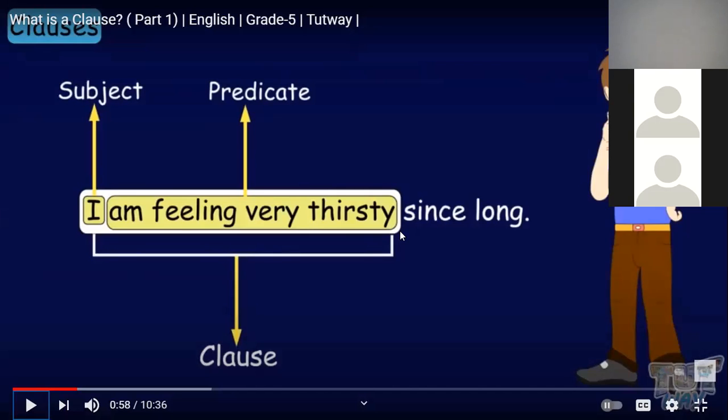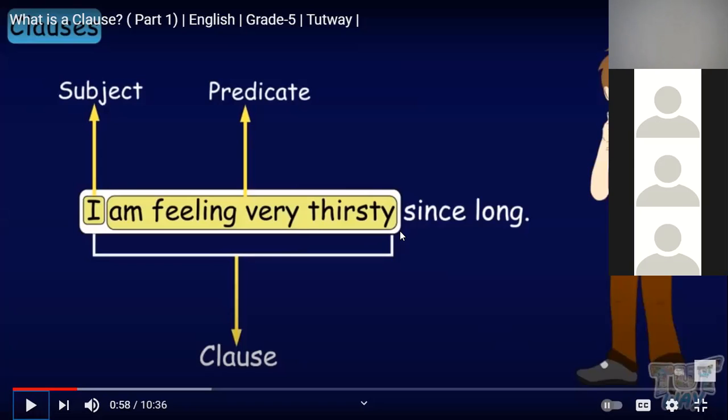Here the subject is I, and the predicate is the verb: I am feeling is the predicate. What is the meaning of predicate? Verb. Thank you, guys.